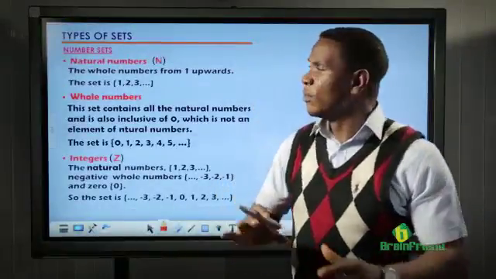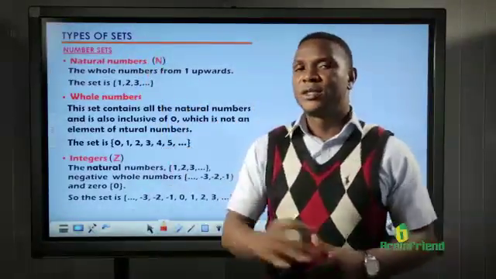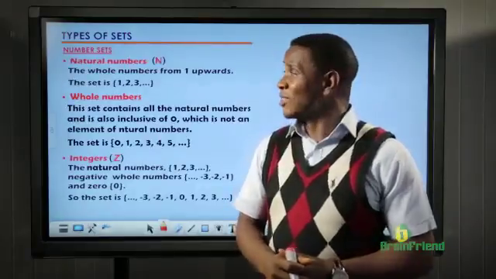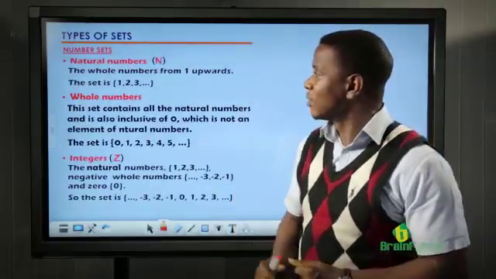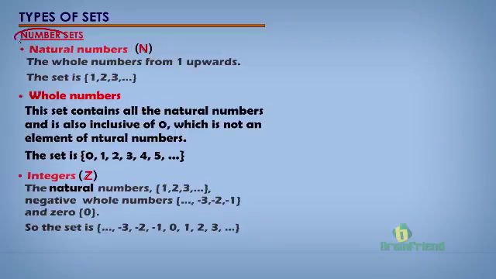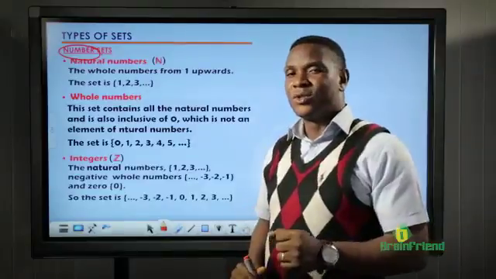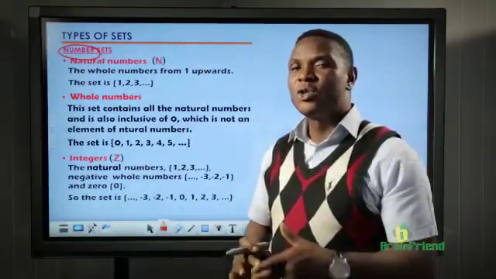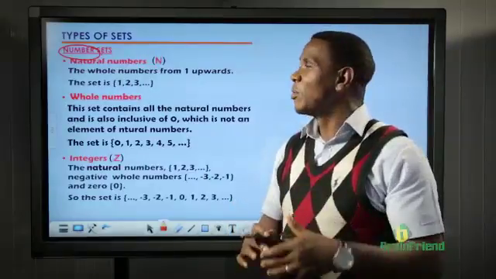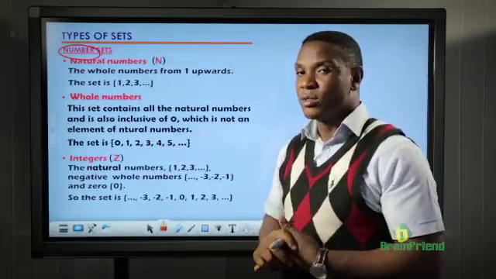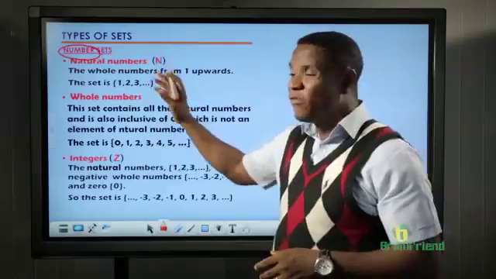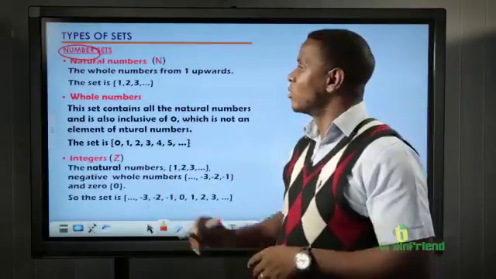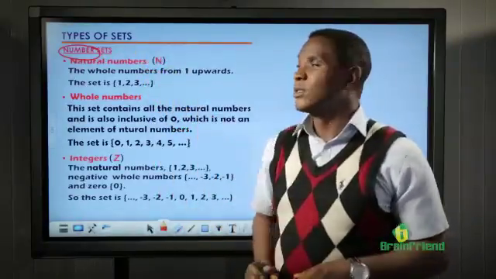Now we have some peculiar types of sets which we refer to as number sets. In our introductory class on sets, we said a set is a collection of anything, but for the study of mathematics, a set is primarily a collection of numbers. Now, there are different categories of numbers that we come across when we study sets.